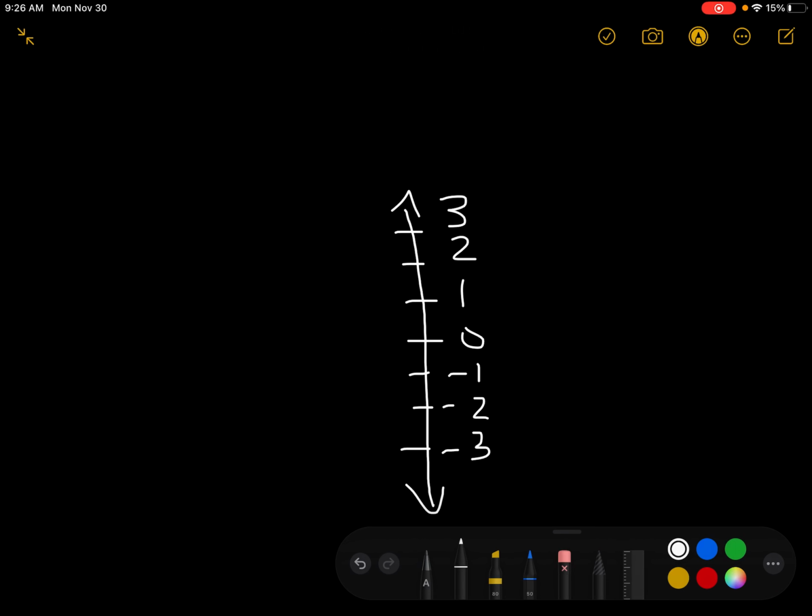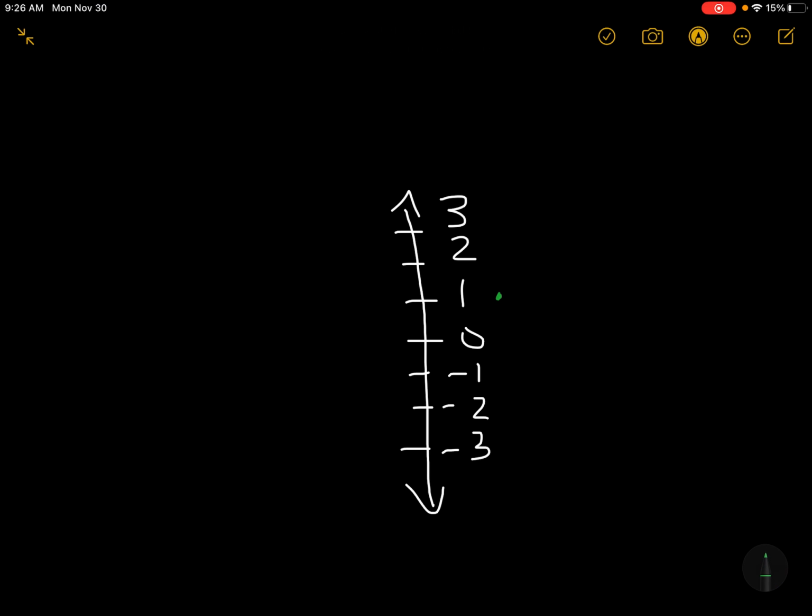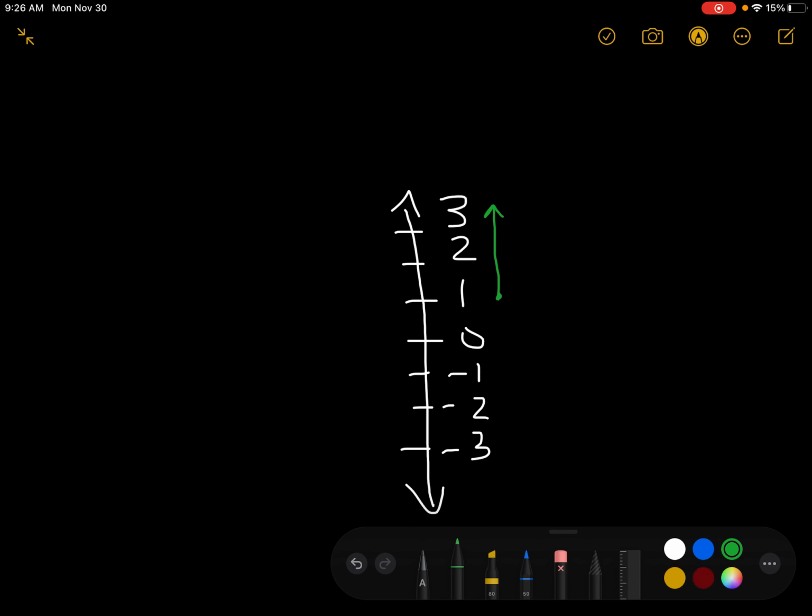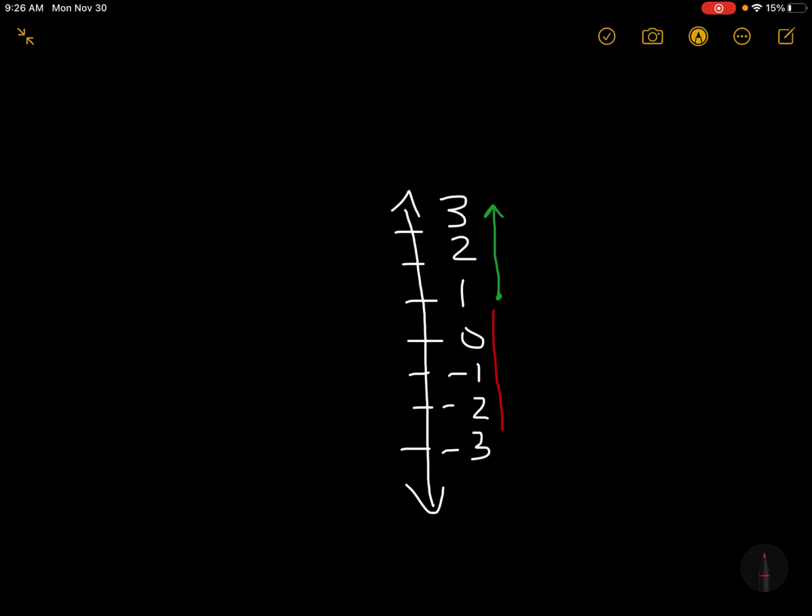We could totally do that as well. In this case, all of the numbers that are up or in the next vertical spot are going to be larger than your starting point, and anything that is to the south or lower than your starting spot is going to be less.